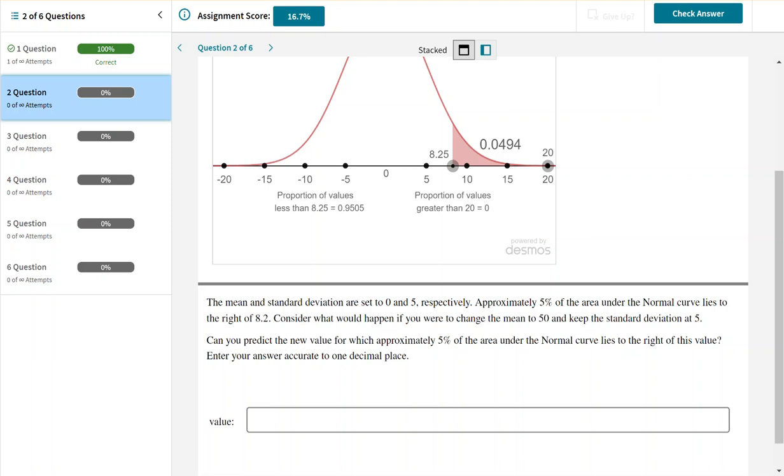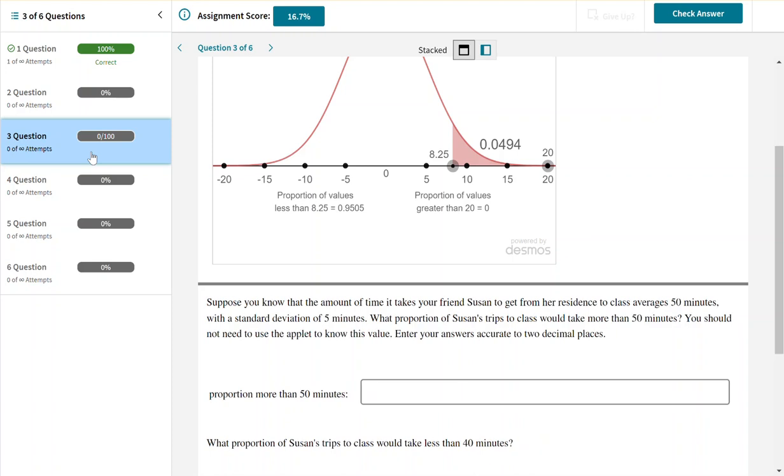Just some questions to think about the normal distribution. Can we change the mean on here? No, it looks like the mean and standard deviation are fixed at 0 and 5.